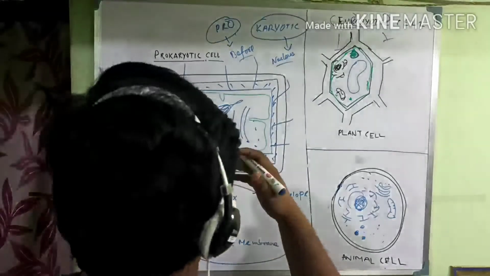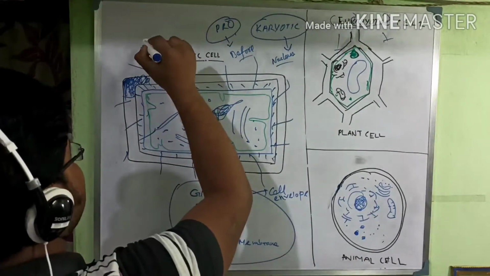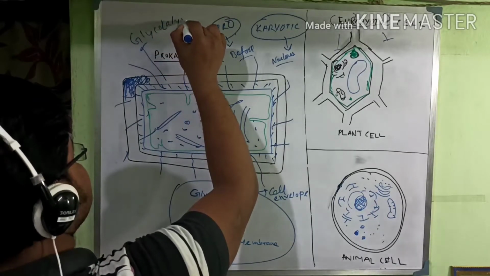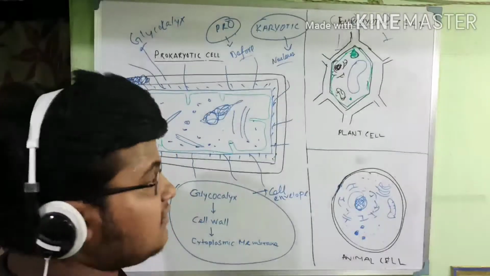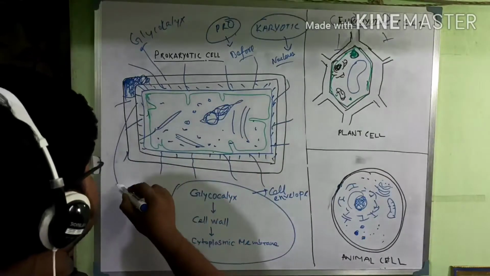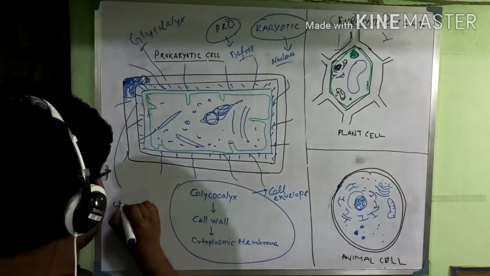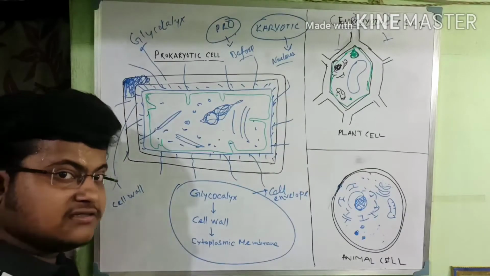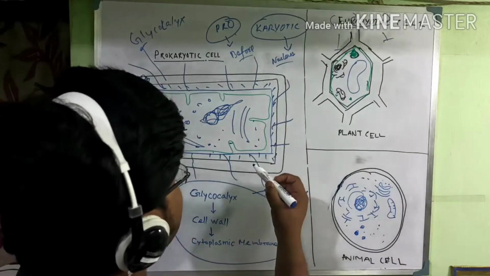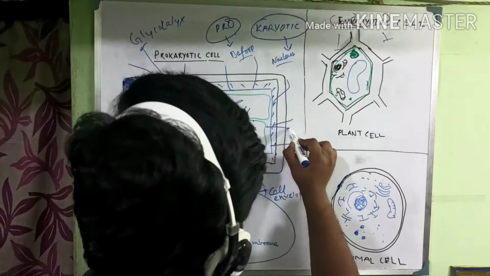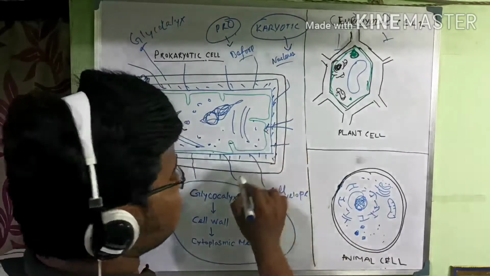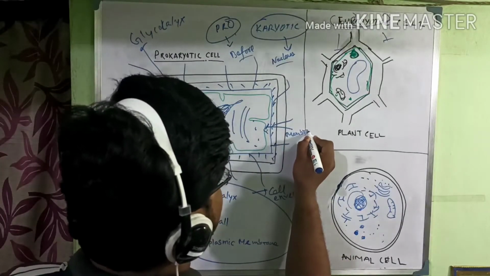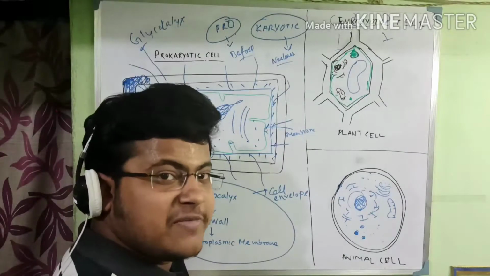And in the picture, this is the glycocalyx. After that, this is the cell wall, and after that, in the green color region, this region is the membrane or the cytoplasmic membrane.